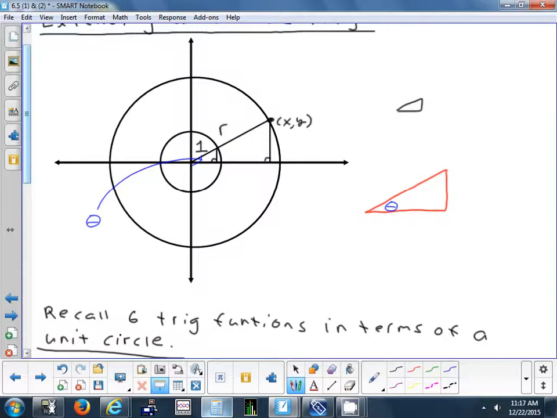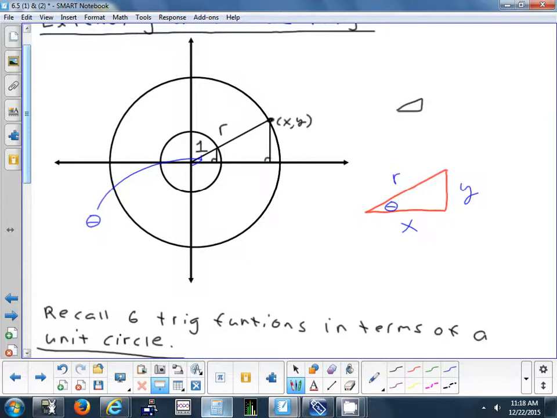How long is this bottom side based on that coordinate? x. Go over x and then go up y. And what did I mark the radius as on the big circle? r. Now just use what we know about right triangles.